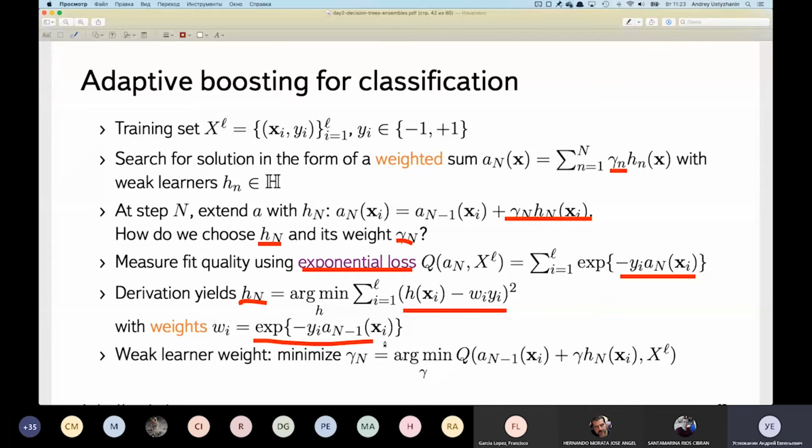That can be computed by the learners that we already have, so it is an expression that we can compute.